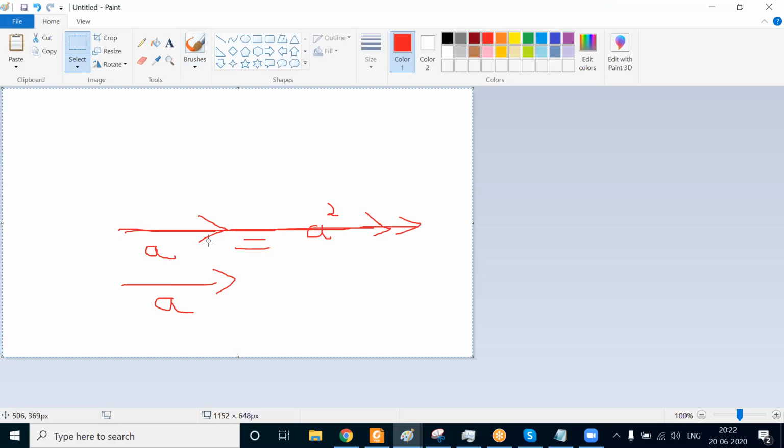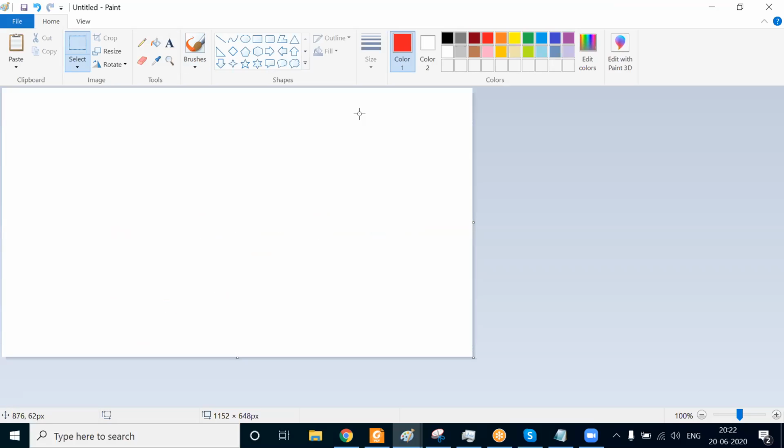Similarly, if this is A and this is B, then the direction and the magnitude of A and B are different. So A cross B will go somewhere near like this.